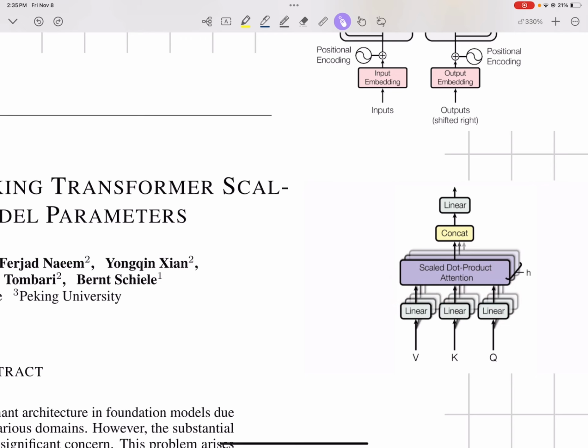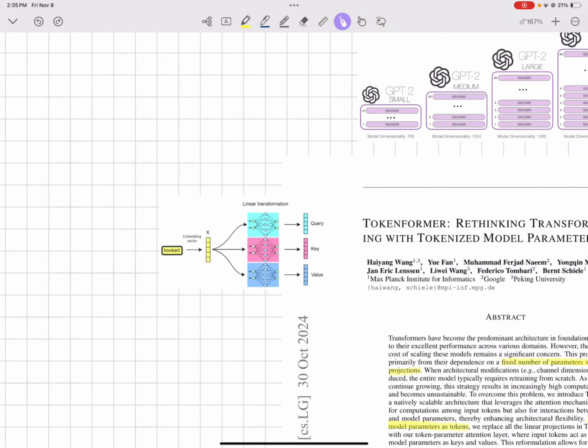Then you have your dot product attention, which for every token assigns how important other tokens are to it, and it recontextualizes itself based on that newly exchanged information. You also have multiple heads here, and then you concatenate all of that information, and you have yet another linear component right here. So zooming into one of those, I have this figure right here.